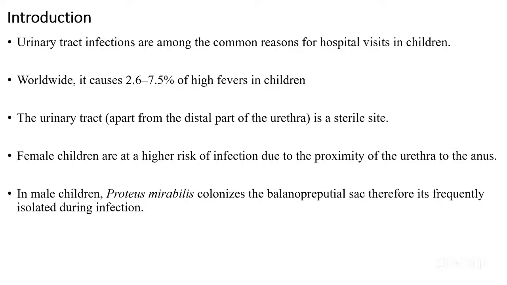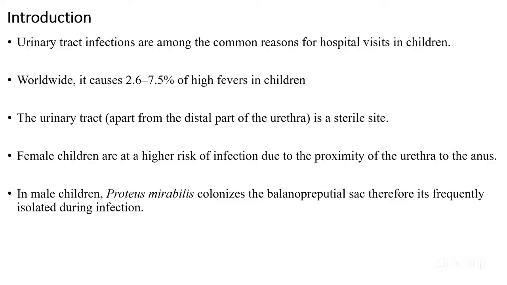Usually, the urinary tract system is supposed to be a sterile site. So once it is infected with any bacteria or parasite, it ceases to be a sterile site and we have to investigate. In female children, there is a high risk of urinary tract infections because of the proximity of the urethra to the anus.